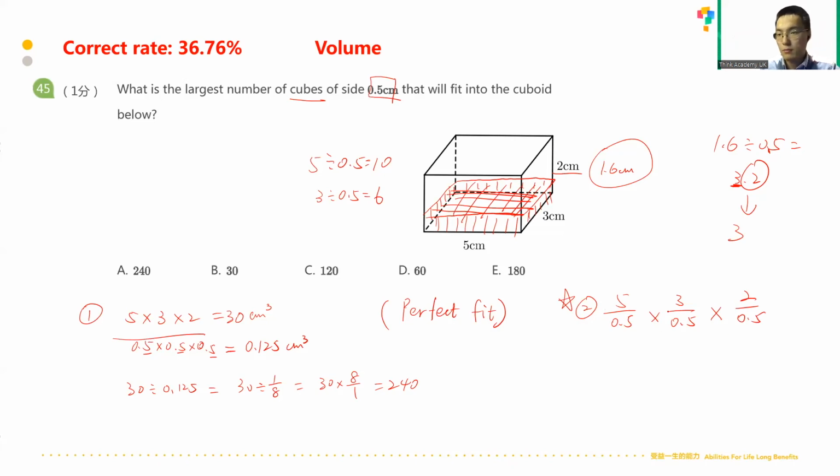So it's the same thing, but the thinking process is different. And the second method is much more convenient when we have the not perfect fit situation. So this one is 10 times 6 times 4, and it is also 240. Also gives us the correct answer. So we can fit 240, the largest number of cubes, into the cuboid below. So A is the correct answer.